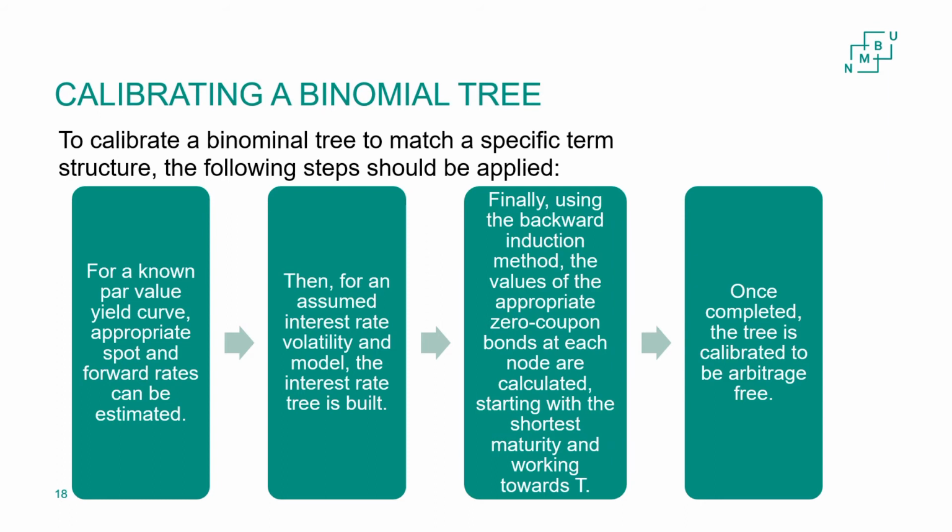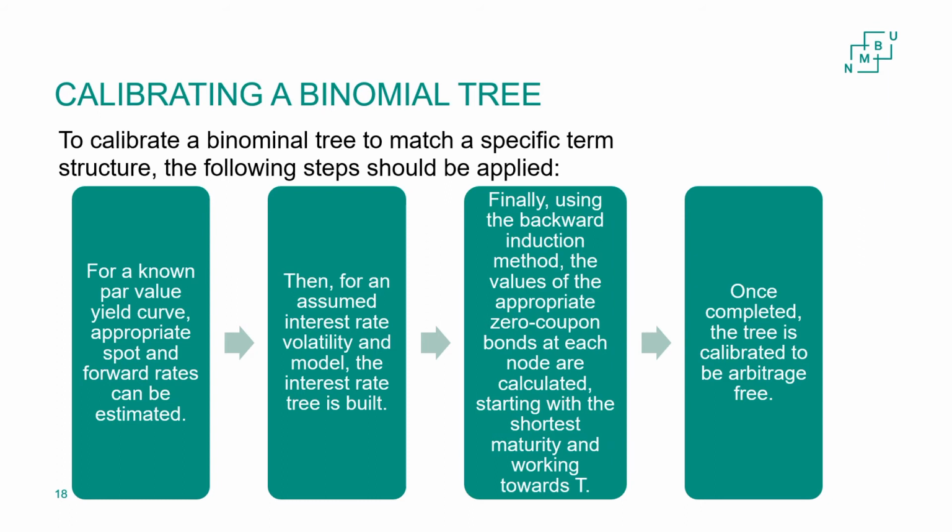So you can use these zero coupon bond prices to calibrate the tree such that the tree returns the market value of the zero coupon bond given the payoff, the cash flow of the zero coupon bond.